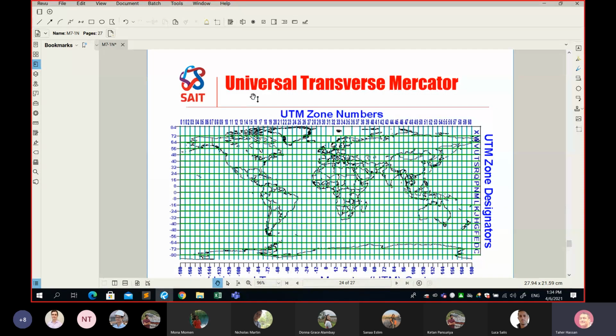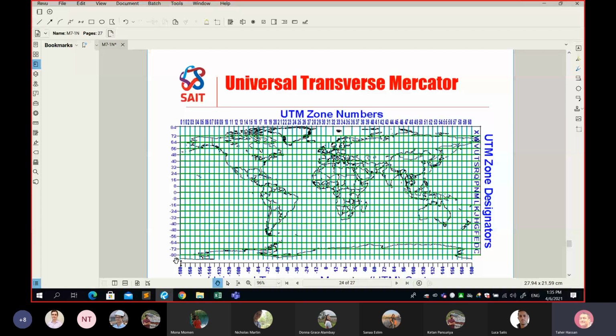UTM is Universal Transverse Mercator, and every one of these words has meaning. Universal means this projection system covers basically almost the entire globe. It goes from 180 west to 180 east in longitude.